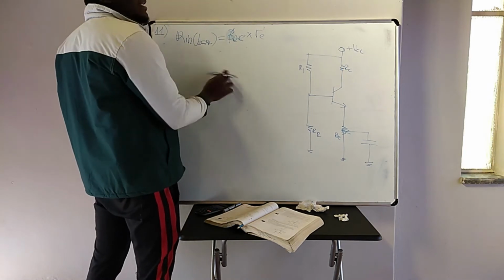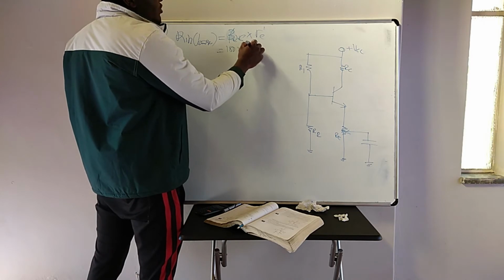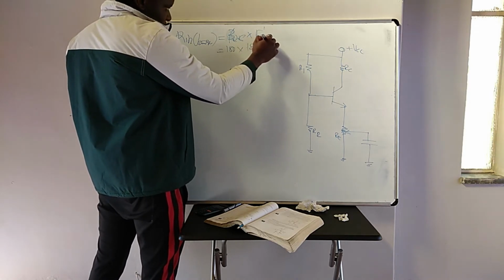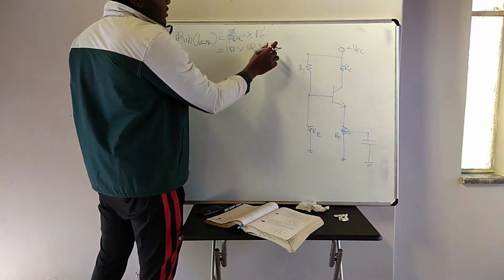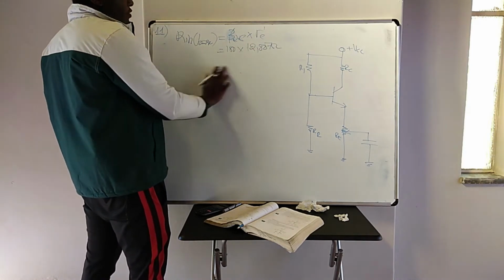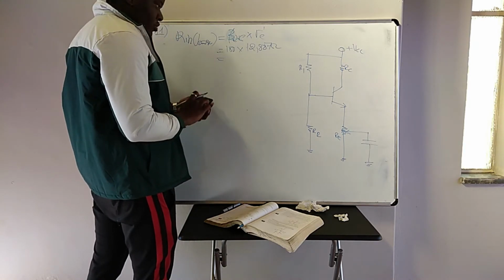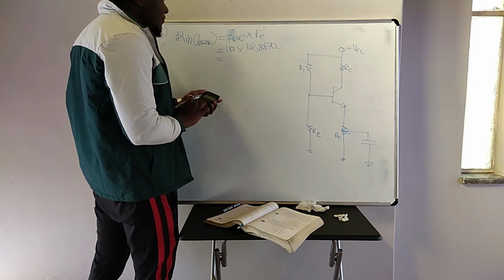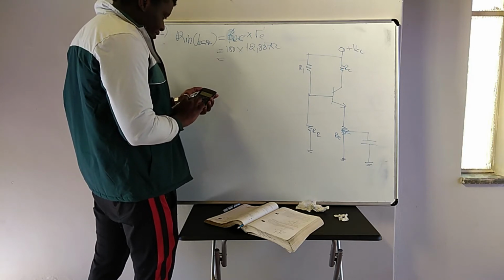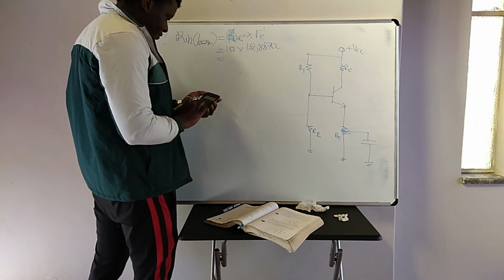So it's going to be 100 times that R accent E, which is 12.887.